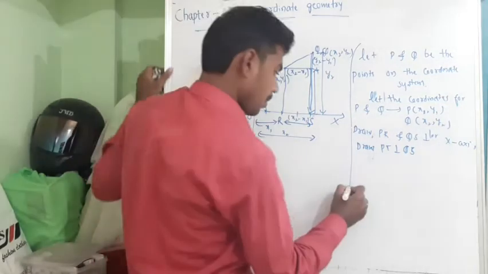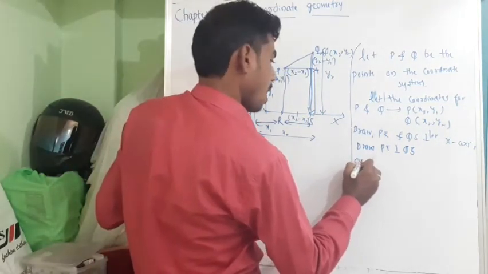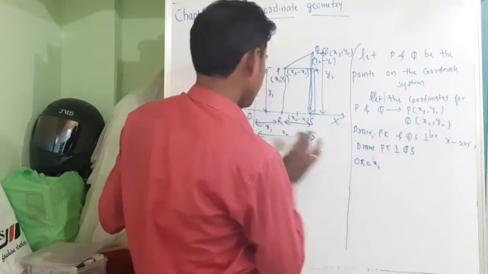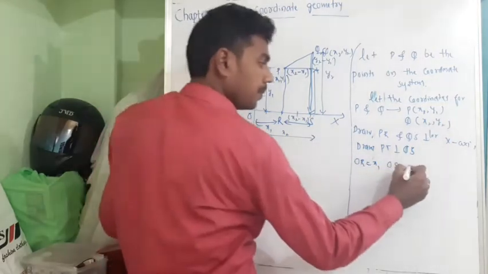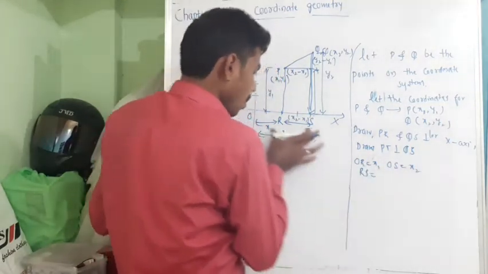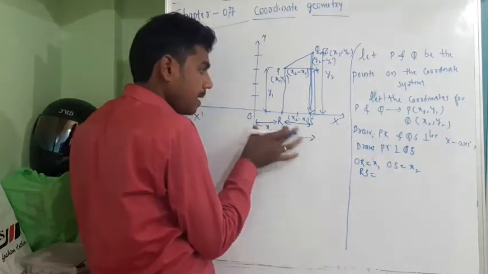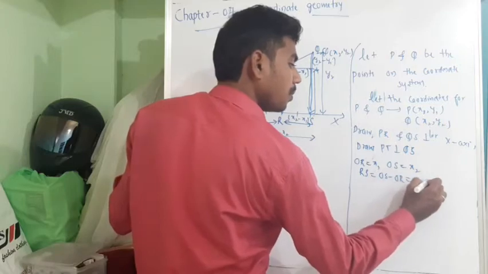So I am going to write here. So I will write the coordinates. OR is equal to x1, OS is equal to x2, then RS will be equal to OS minus OR, which is equal to x2 minus x1.